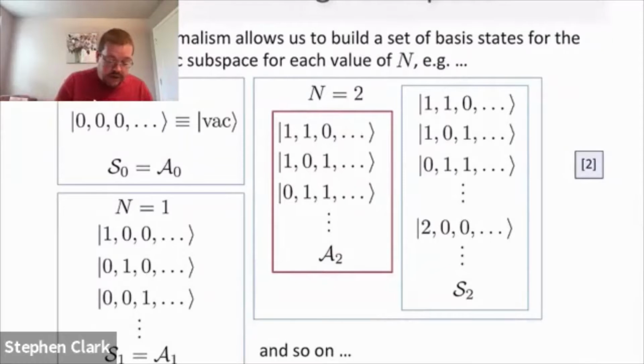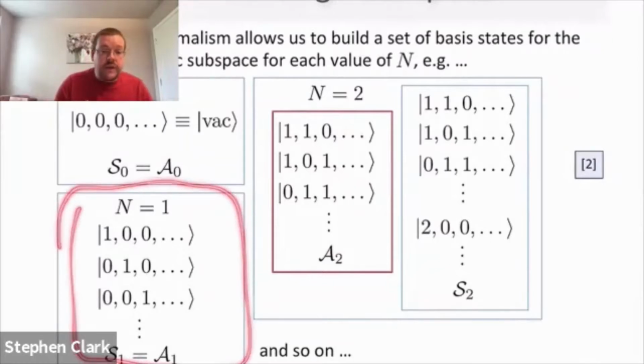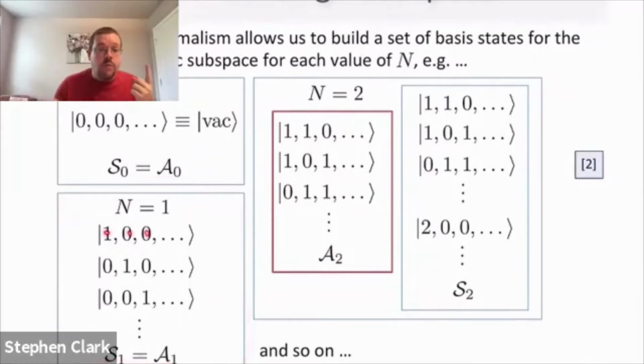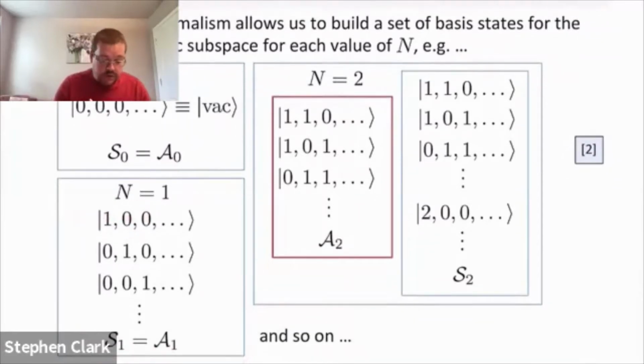So we have a single particle space. That's where we've got a 1 in one of the single particle states available to us. And so you've got many of them that we could go down. And obviously the symmetric and antisymmetric subspace are exactly identical. They're the same here. There's only 1 particle. But if you go to 2 particles, then of course you can only put in the antisymmetric space.